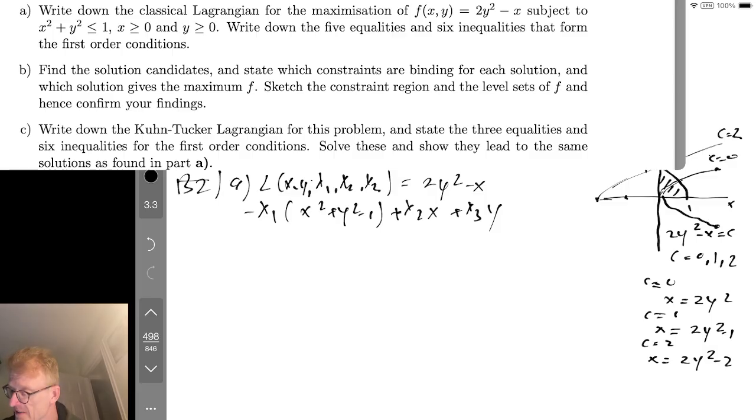You have to be careful: minus x is less or equal than 0, minus y is less or equal than 0, which means x bigger than 0, y bigger than 0, which is what we have. So that's the Lagrangian.